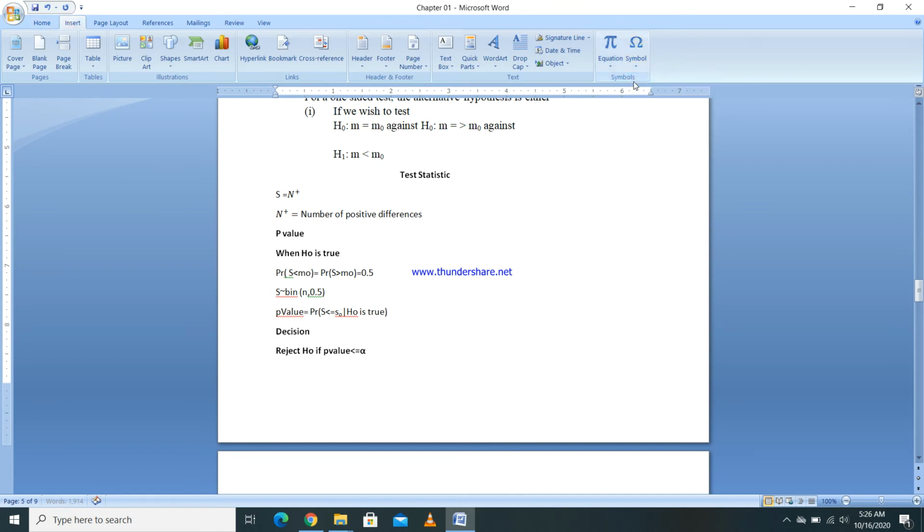Based on your decision, you can write the conclusion of your test. So these are the steps that you have to apply when it comes to the test statistic.